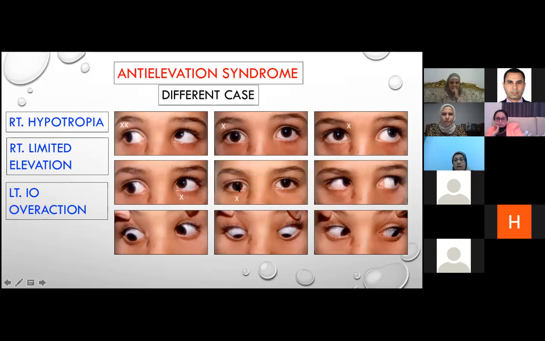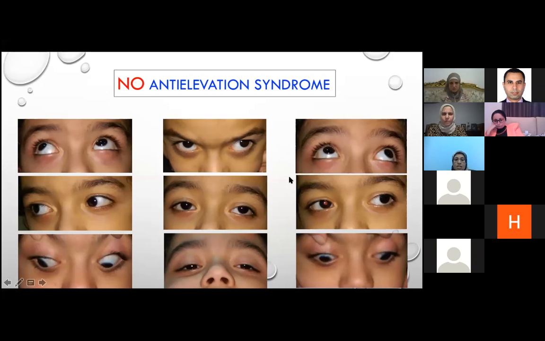Here's hypotropia in the right eye, limited elevation in all three positions of up gaze, mostly in elevation in abduction, and he has contralateral inferior oblique overaction in the left eye. However, the case I'm presenting has no anti-elevation syndrome.